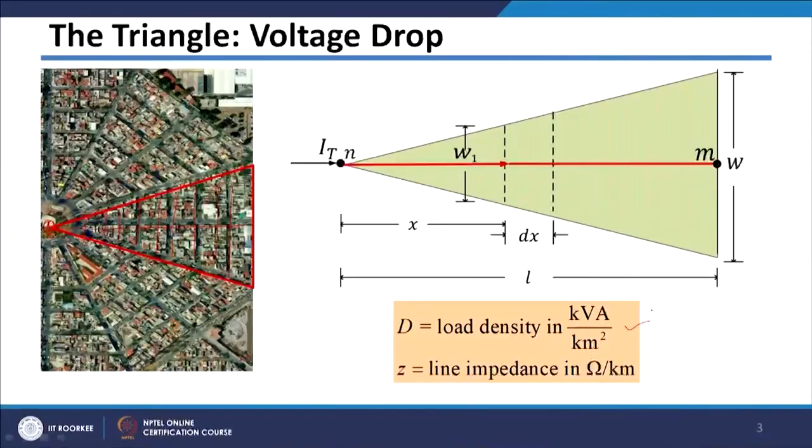To do the approximate analysis, as I explained in the last class, we are assuming the load density over this triangular configuration is constant. This constant load density is in kVA per kilometer square, and the impedance of the feeder is in ohms per kilometer, which I represent by small z.